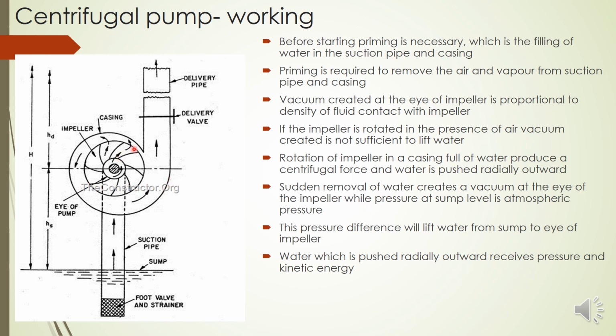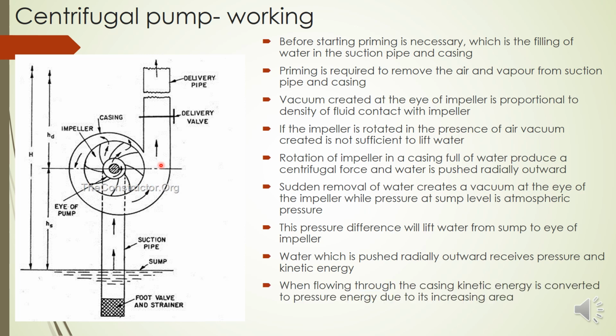Now once the water gets radially outward, what will be its energy? It will have some pressure energy and kinetic energy, some velocity and some pressure. And that water is moving through this spiral casing. You can see the arrow here. So the water is sucked up, reaches the eye of the impeller, is pulled radially outward, and then moves through this spiral casing.